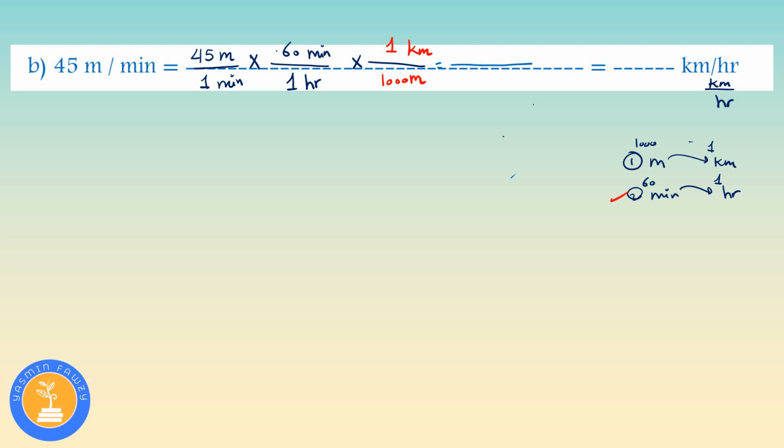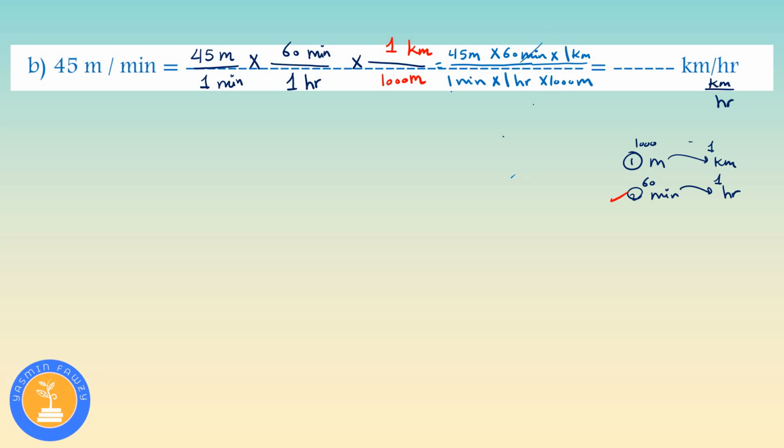Multiply fractions: numerator by numerator, denominator by denominator. Let's find out 45 meter times 60 minutes times 1 kilometer over 1 minute times 1 hour times 1000 meter. Now I have anything up to cancel by anything down.